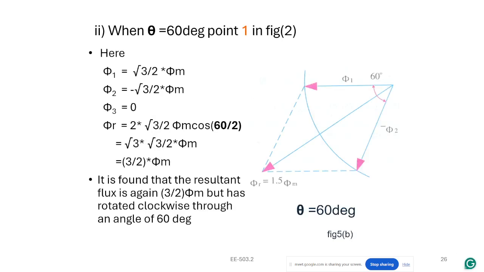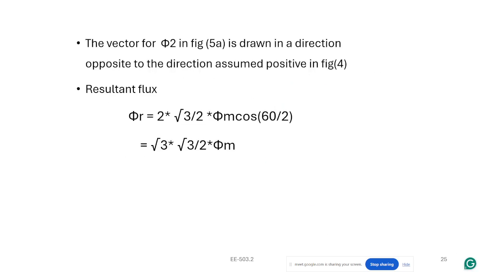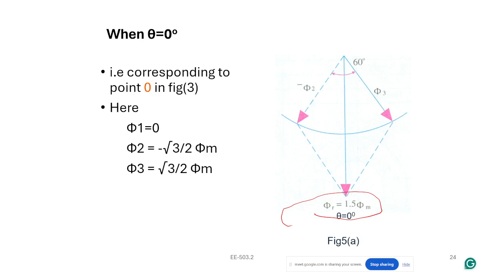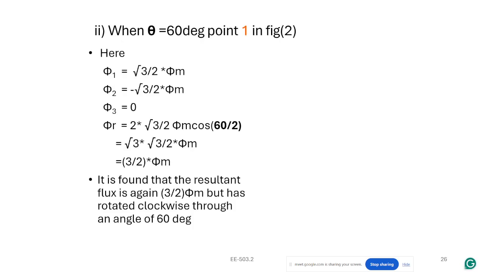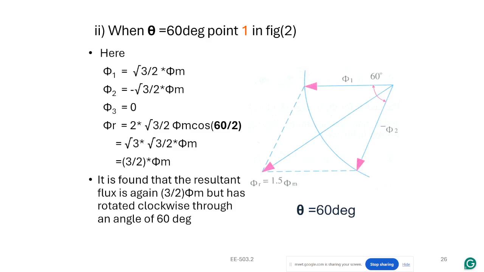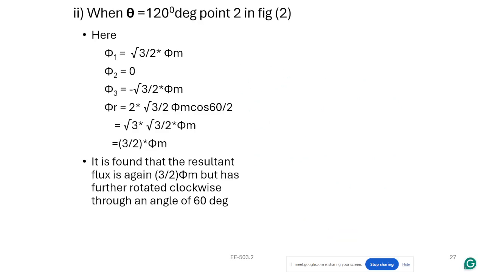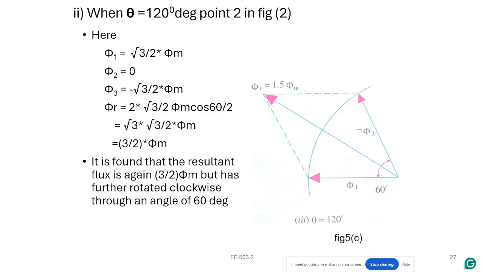In each case we have phi 1, phi 2, phi 3, three corresponding points. How will this representation change? So here phi 1, phi 2 are the maximum, this is the vector of the equation. The vector diagram representation we can see here.